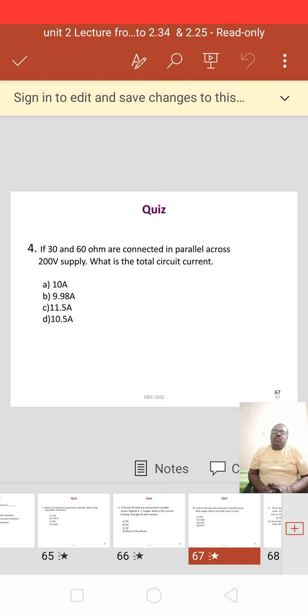We have the voltage V equal to 200 volts. From Ohm's law, I equal to V by R, we can find the total current: V 200 volts by total resistance 20, 200 by 20 equal to 10. So the answer for this question is A, 10 amperes.